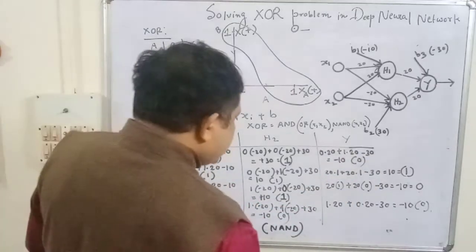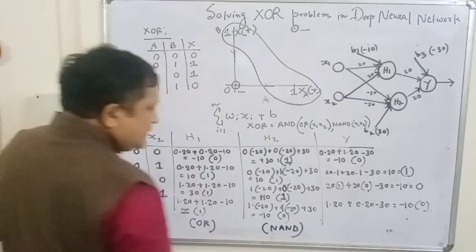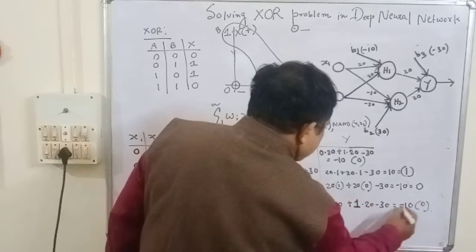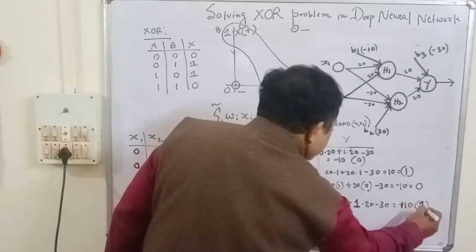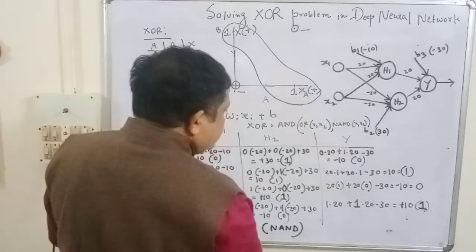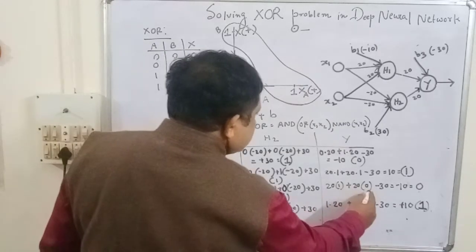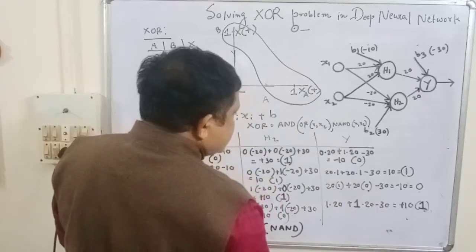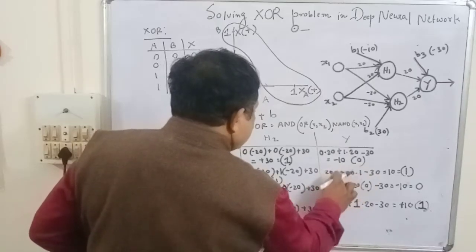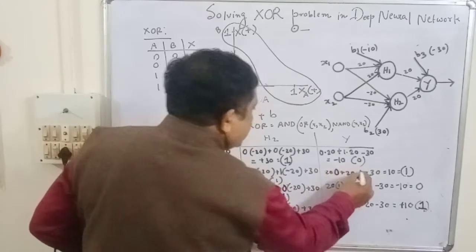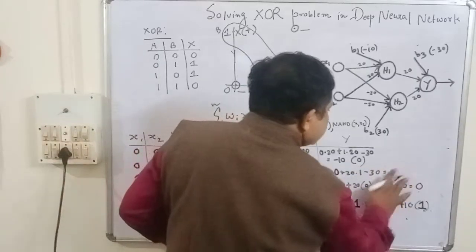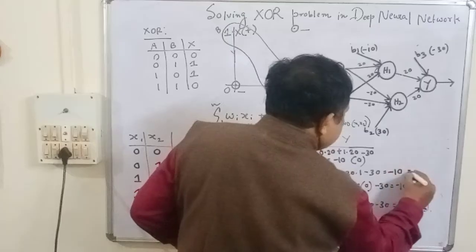Similarly, for 1,1 we get 1 into 20 plus 1 into 20 minus 30 plus 10 that is 1. In the third case, 1, 0: 20 into 1 plus 20 into 0 minus 30. So 20 minus 30 is minus 10, which is 0.